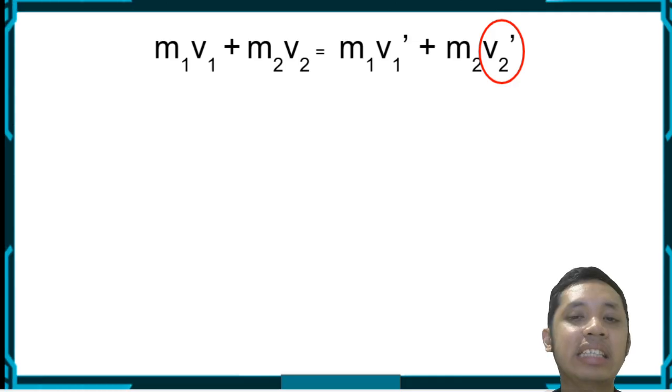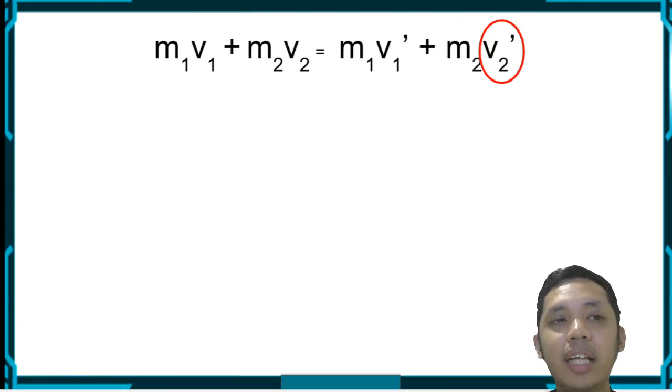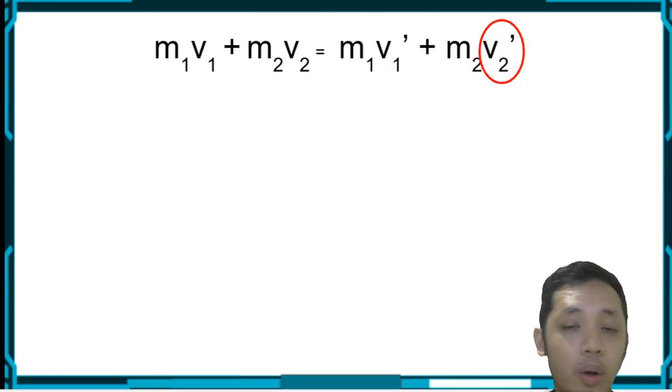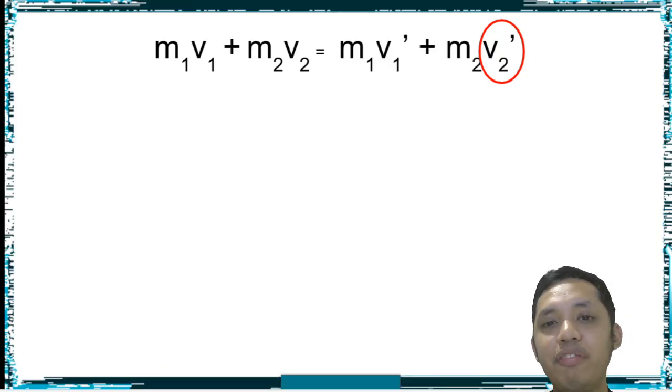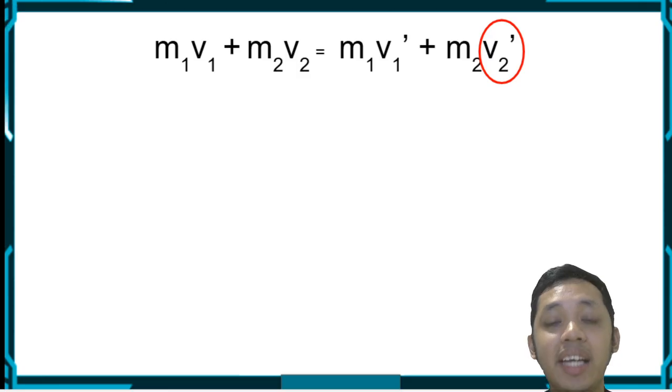For instance, if we are able to determine the velocity of the second object, or the velocity of an object after a collision, it can give us an idea how severe the damage that object might experience. So if the velocity is high, possibly the damage could be high as well.